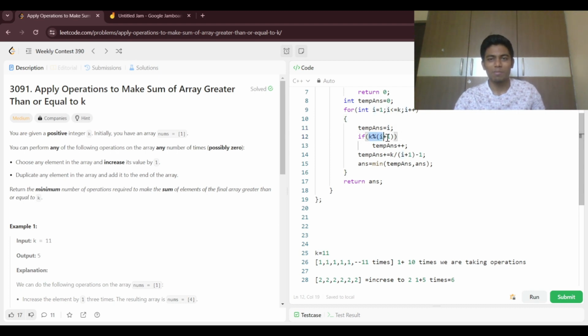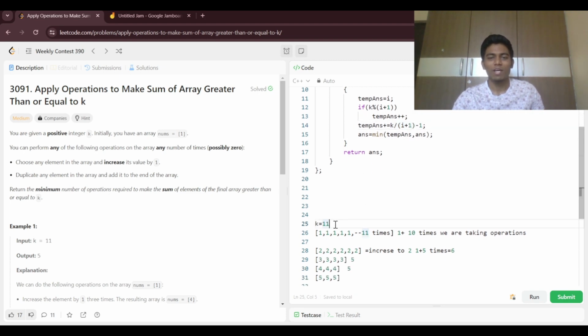And then suppose I have some remainder after dividing this element, then I am going to take one more time this particular array, so that operation is going to be incremented. Suppose I divide 11 by 1, which is going to be 11.